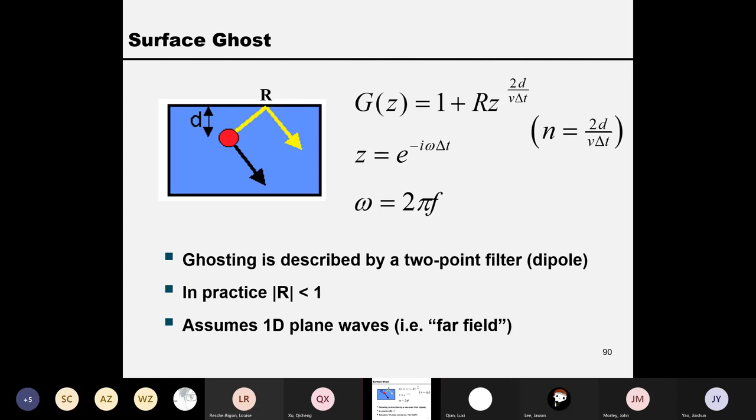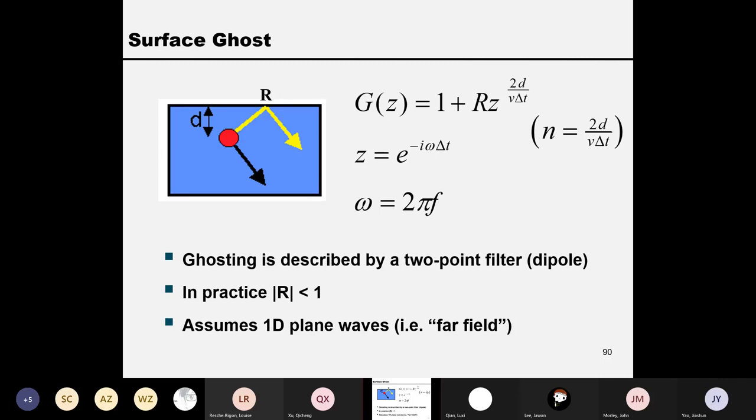So based on this surface ghost, if we record that in the Z transform, the Z transform basically transfers a sequence, a series of time samples, into a polynomial, into a sum of a number of terms, right?